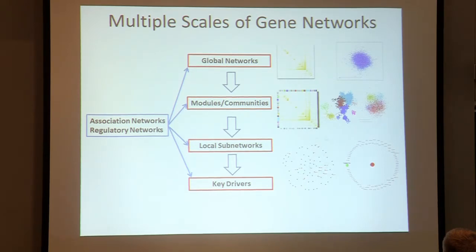Eventually, when you use the key driver analysis, you will be able to derive a module-based Bayesian network so that you can easily define those driver genes. So this is how we do the multiscale network construction and analysis.